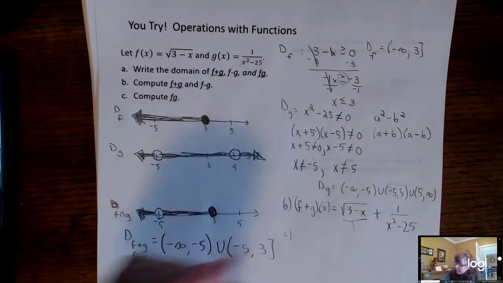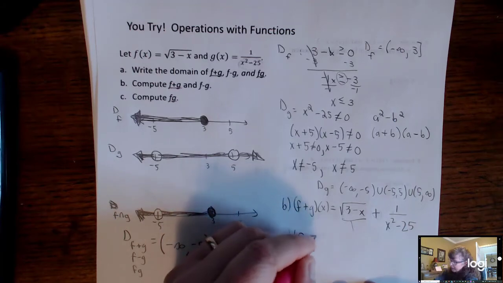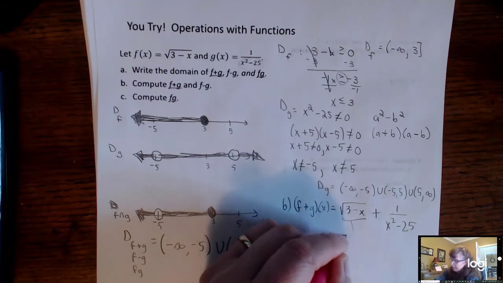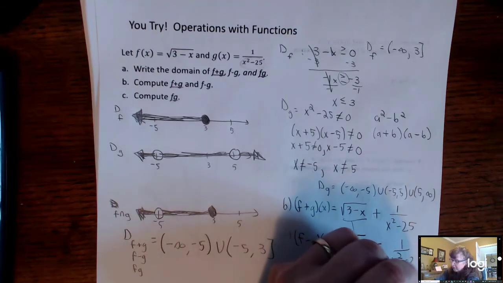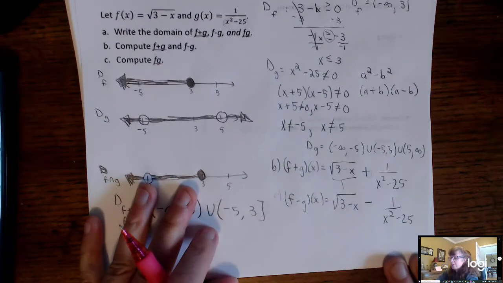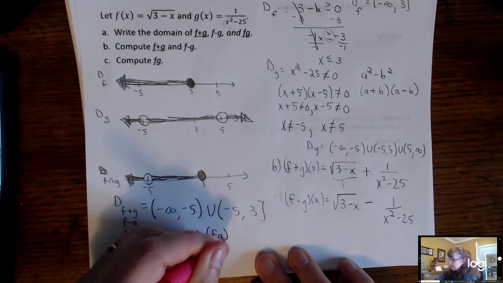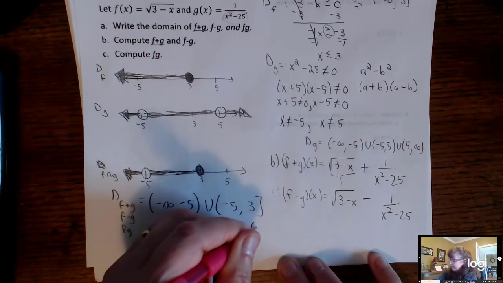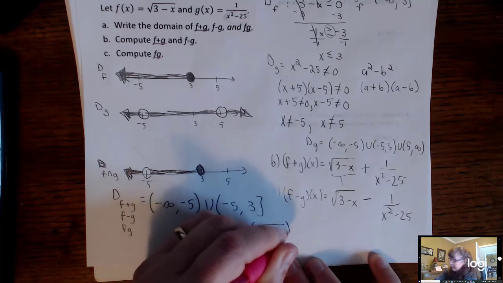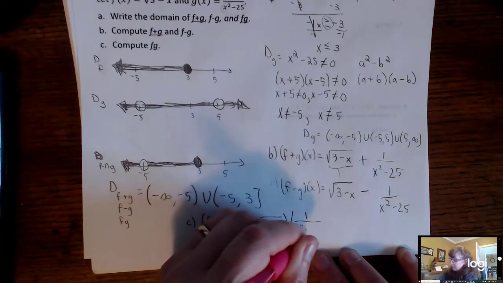So the second part is going to be very similar. f minus g of x is simply square root of 3 minus x minus 1 over x squared minus 25. So you're done. There are no like terms. There's nothing you can do. Now, f times g, there is something you can do, but it's not much. f times g of x means the square root of 3 minus x times 1 over x squared minus 25.